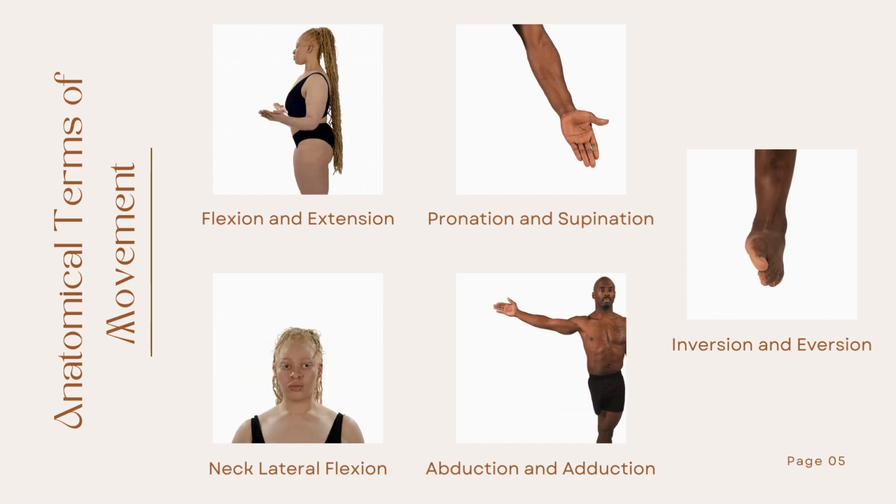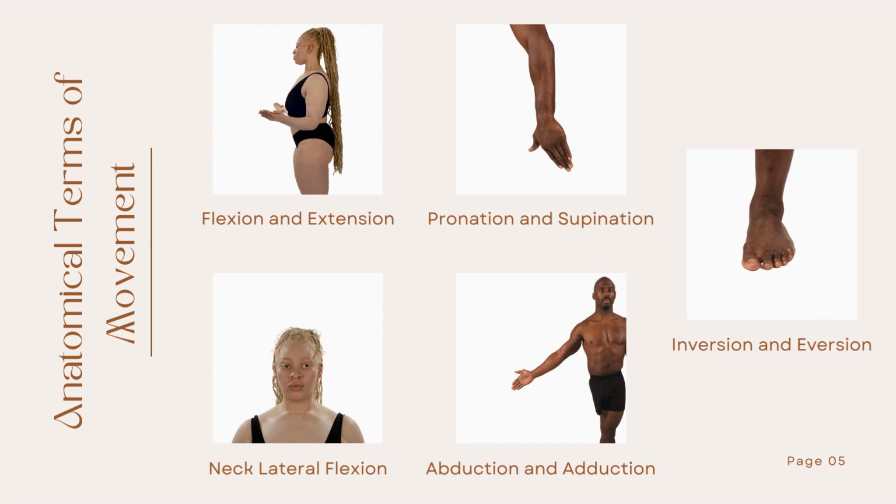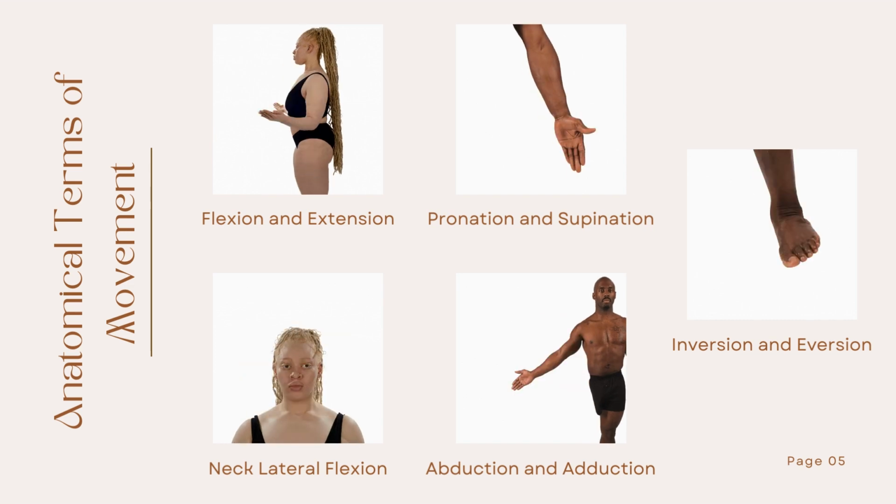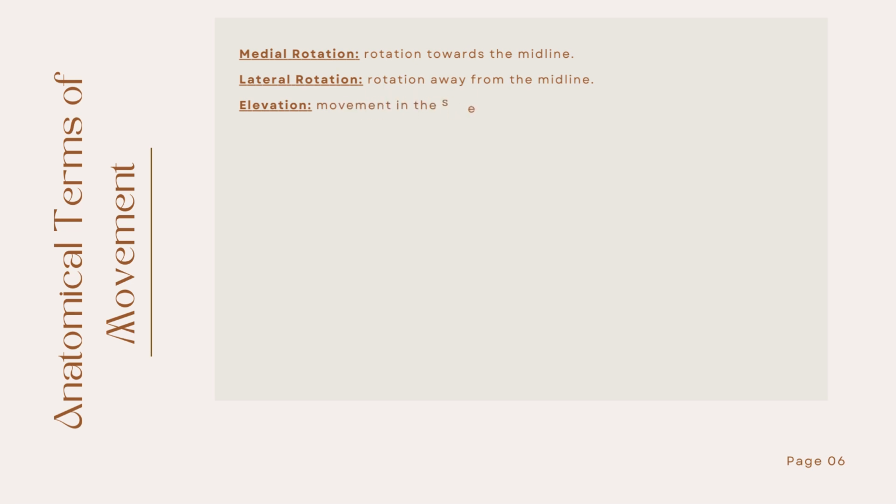You'll also see rotation, which can be internal or external, and that's usually referring to the shoulder joints and the hip joints. So medial and lateral rotation is rotation towards and away from the midline. Elevation and depression is movements in the superior and inferior direction, for example, when you're shrugging your shoulders.